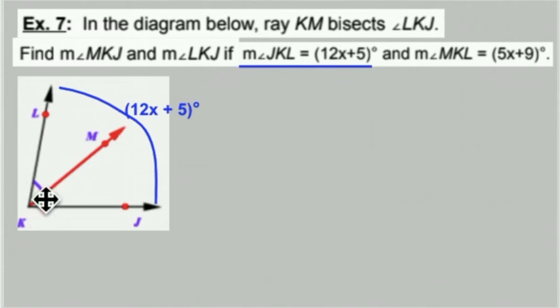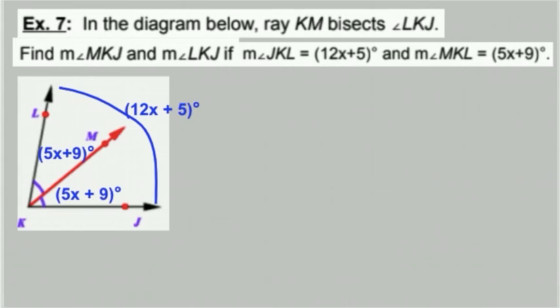We're given the entire angle measure as a variable expression, 12x plus 5 degrees. We're also told that the measure of angle MKL is 5x plus 9 degrees, so I'll mark my diagram. Since this is an angle bisector, I know that this angle measure, MKJ, is also 5x plus 9 degrees.